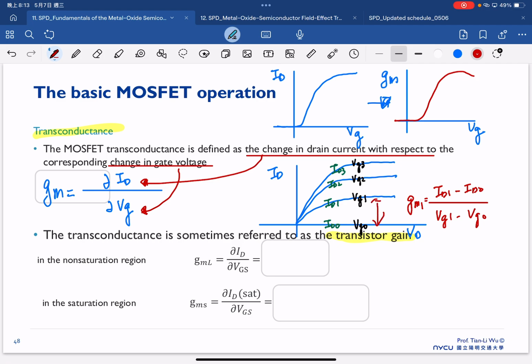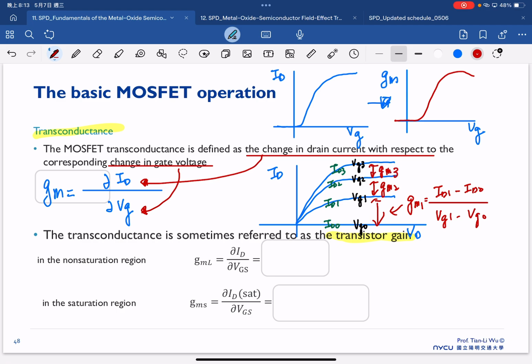So that's why we call transconductance the transistor gain, because we want to understand how high a current gain can be achieved if we increase the gate voltage. So now we have gm1 here, gm2 here, and gm3 here.